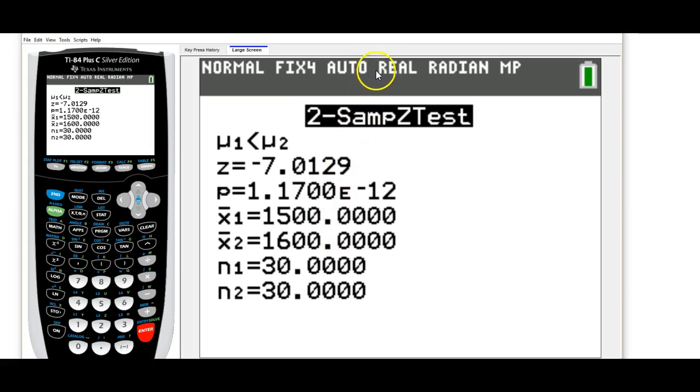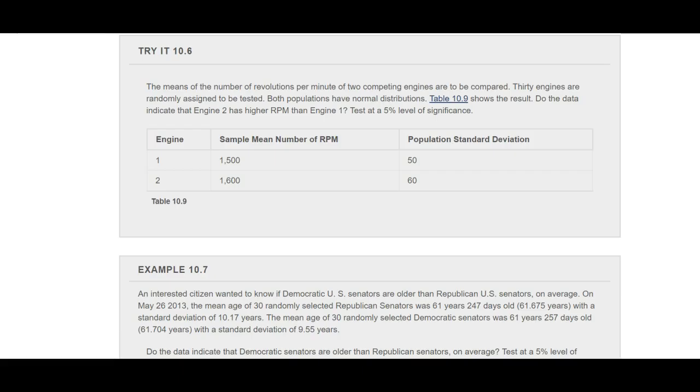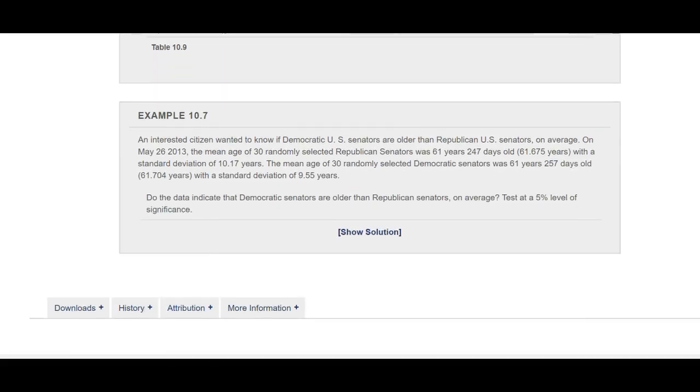All right, let's pop back into our book and check out our next example. An interested citizen wanted to know if Democratic U.S. senators are older than Republican senators on average.